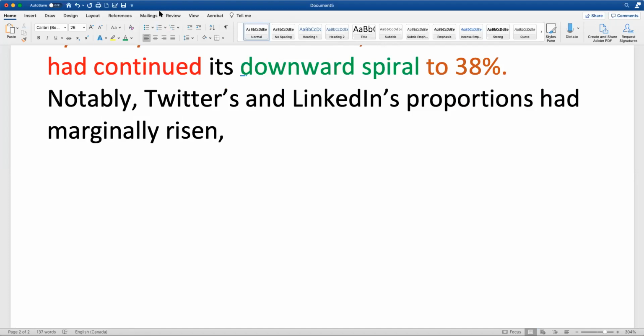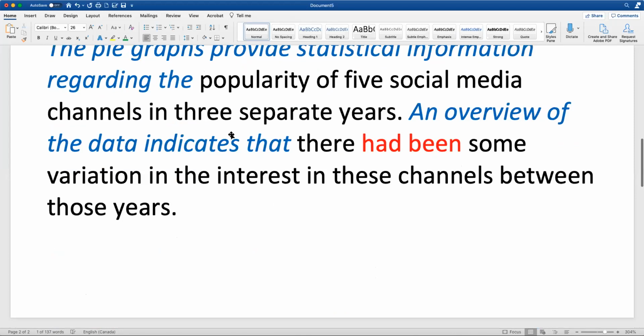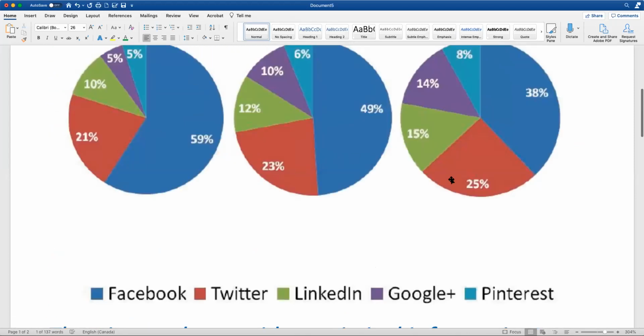So first of all, I'm saying here that they have marginally risen, okay? Talking about both of those. I see here marginally because 21, 23, 25 is marginally, 10, 12, 15 marginally, okay? Now I see that they're both going up, but I see a difference, right?